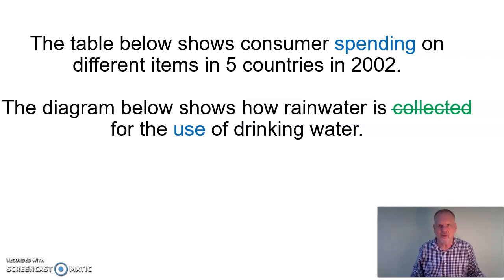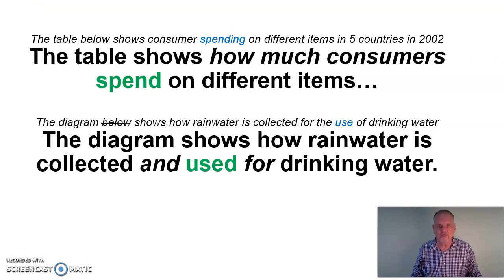So you will notice when they're used as nouns, they're often followed by a preposition, customer spending on different items, for the use of drinking water. So we're going to change them into verbs so that they will probably lose those prepositions. So let's have a look and see how it comes up.